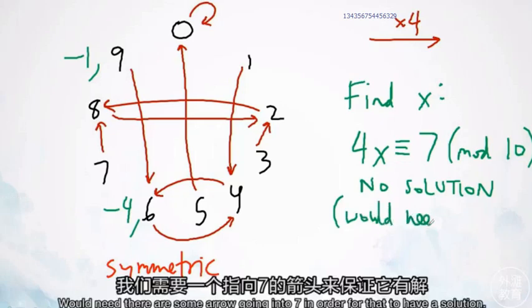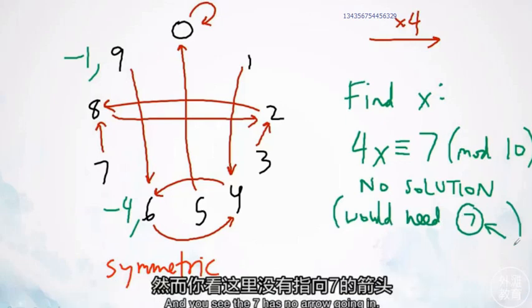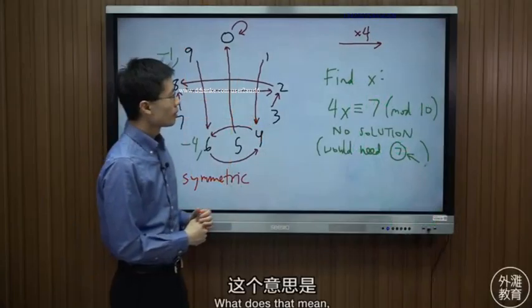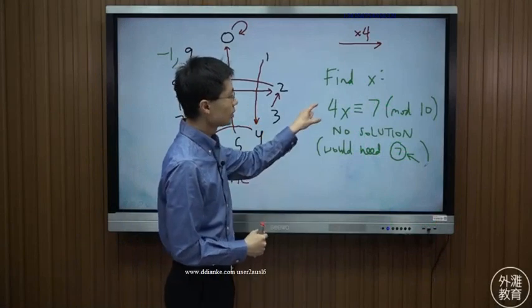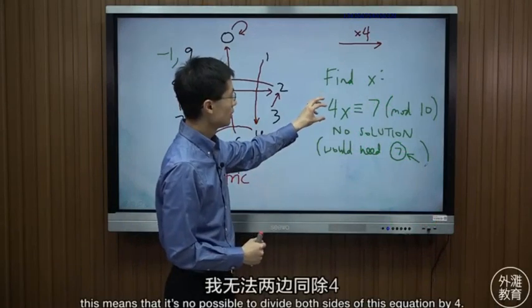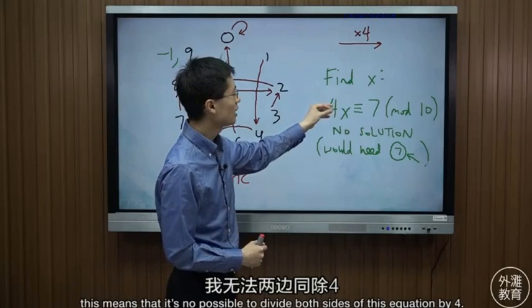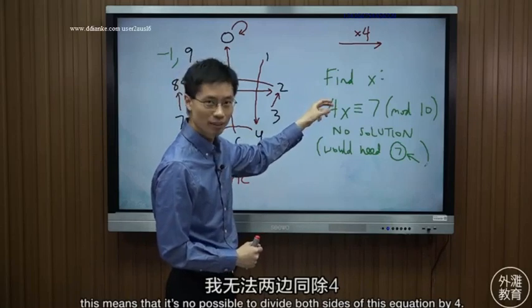And you see this 7 has no arrow going in. What does that mean? This means that it's not possible to divide both sides of this equation by 4.